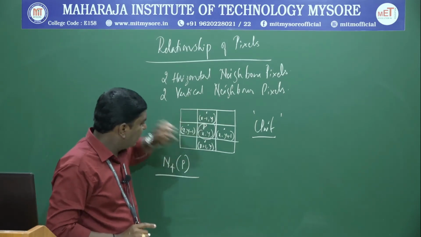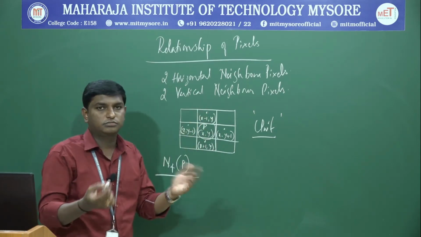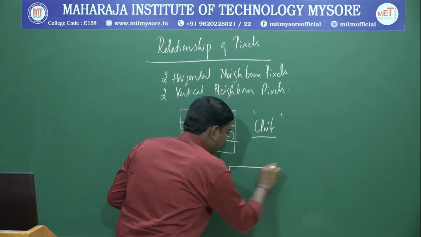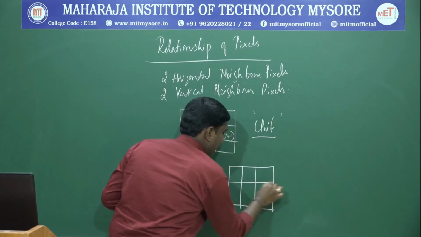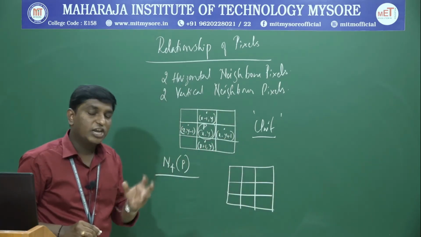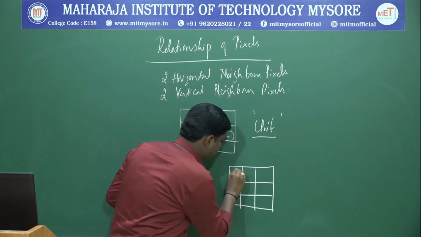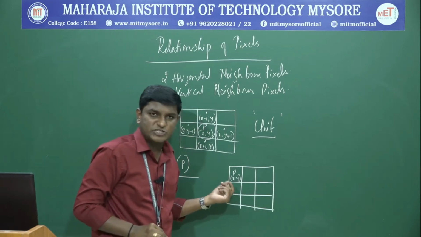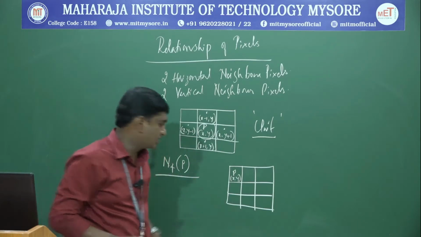Now, will every pixel in the world have 4 neighbors? Let us look at one more example here. There is a possibility that one particular pixel does not have all 4 neighbors. For example, this pixel. If I take this pixel as x comma y under consideration, what are its neighbors? It has only 2 neighbors.